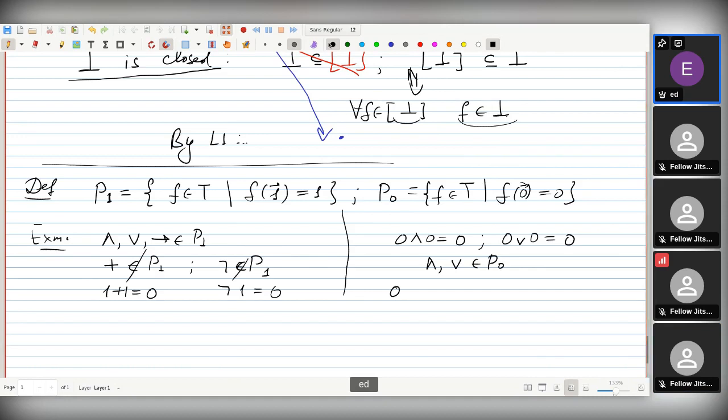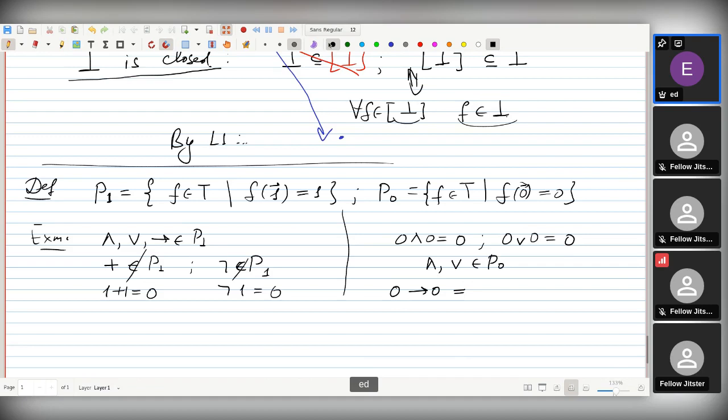What about implication? 0 implies 0. Is it true or false? Do you remember the truth table? Don't you remember the truth table? It's a shame. From 0 it follows what?